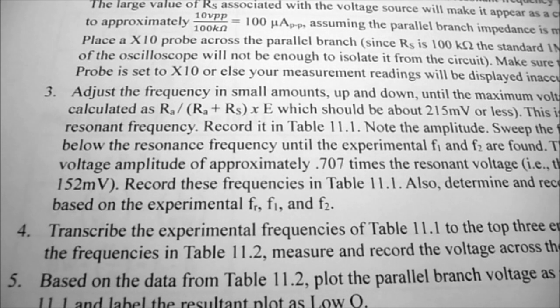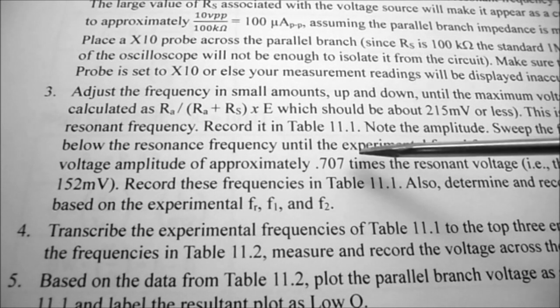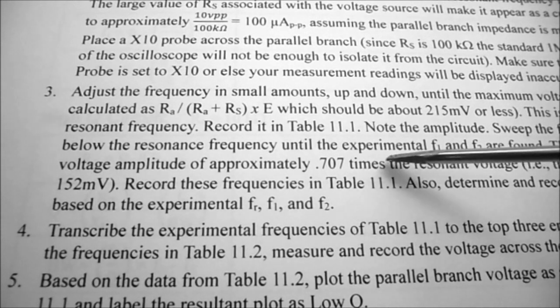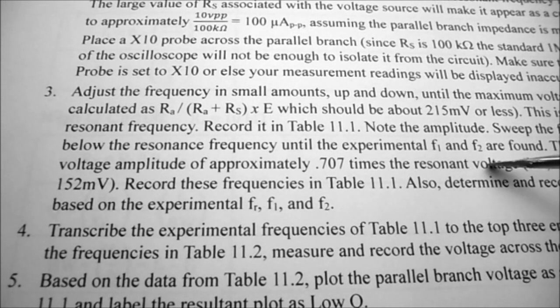So continuing on in procedure, step number 3, we're to sweep the frequency above and below the resonant frequency until the experimental F1 and F2 corner frequencies are found. And this will occur at a voltage amplitude of approximately 0.707 times the resonant voltage.